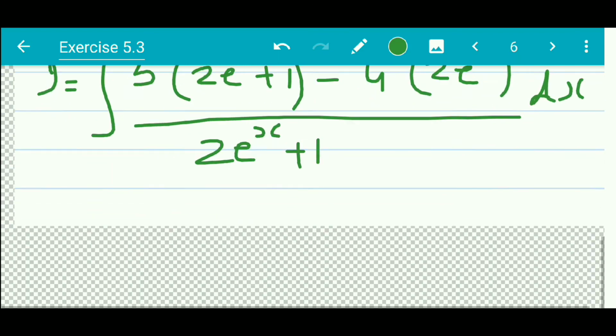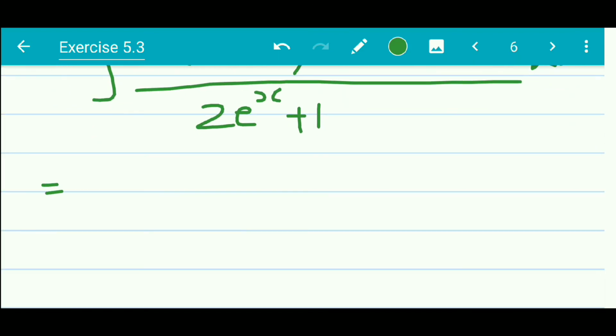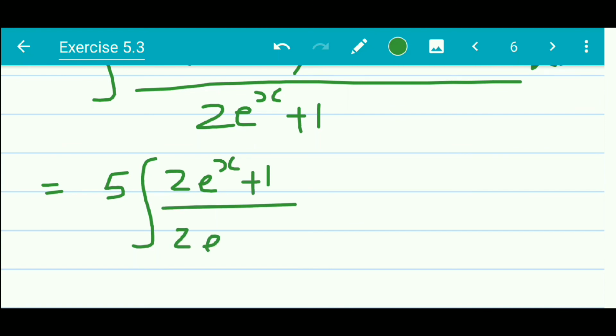And then in the next step, we separate out the integrals. So we are going to get 5, the integral of 2 e raised to x plus 1 upon 2 e raised to x plus 1 dx, and the other term also we write it this way.